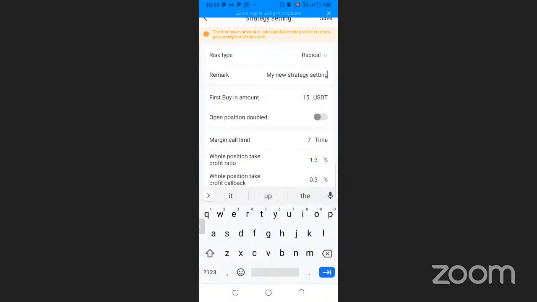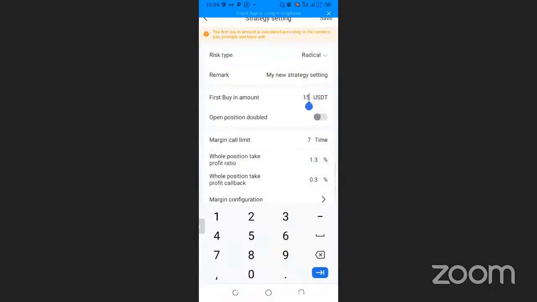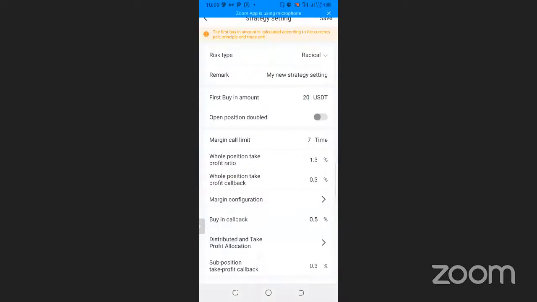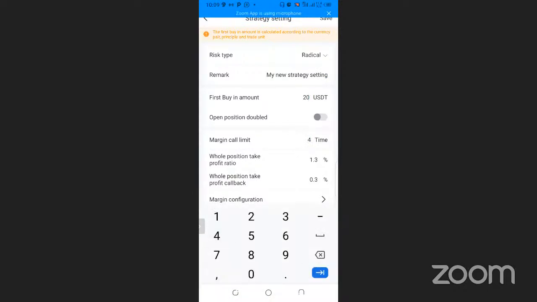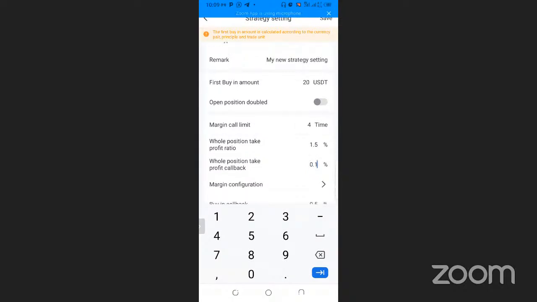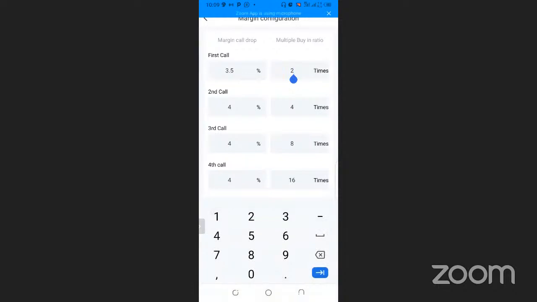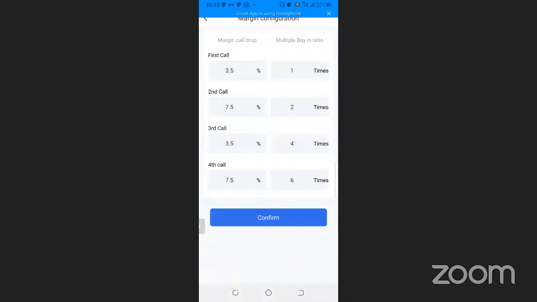My new strategy setting: first buy, 24 margin call, 1.5% take profit, 1% callback, 0.1 margin configurations. Okay, one time 7.5, two times 3.5, four times 5.5, six times.